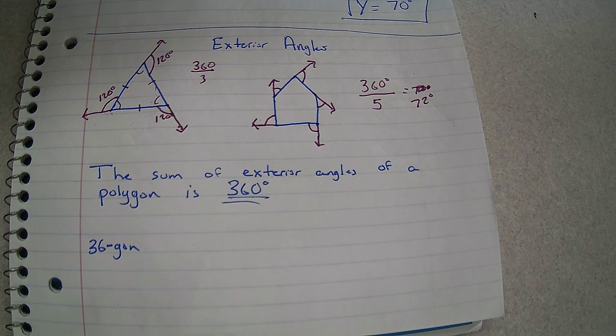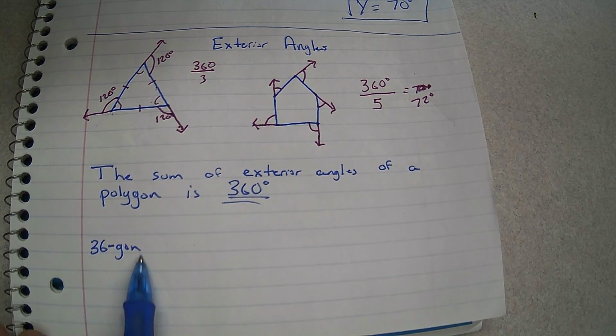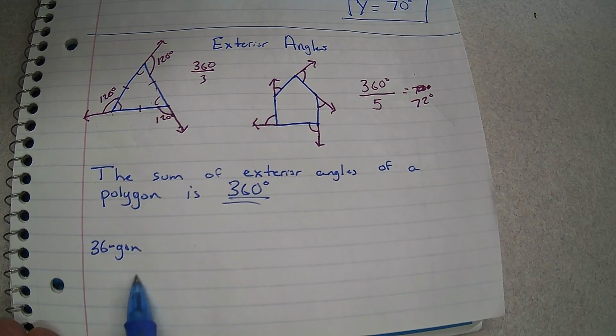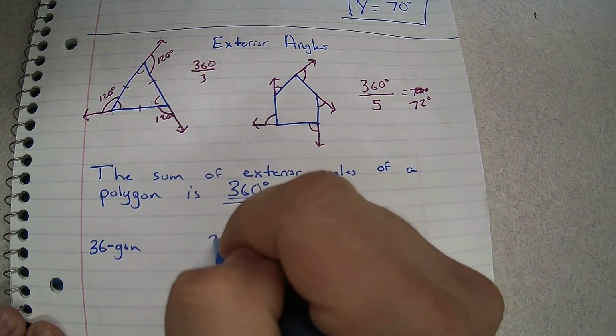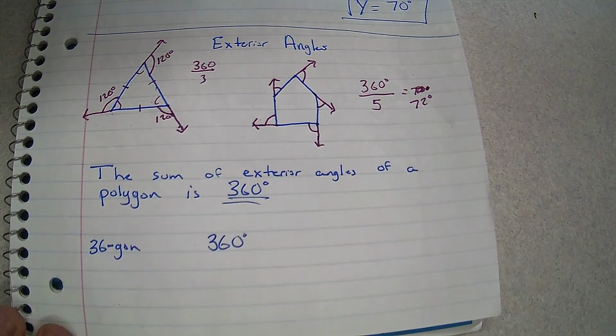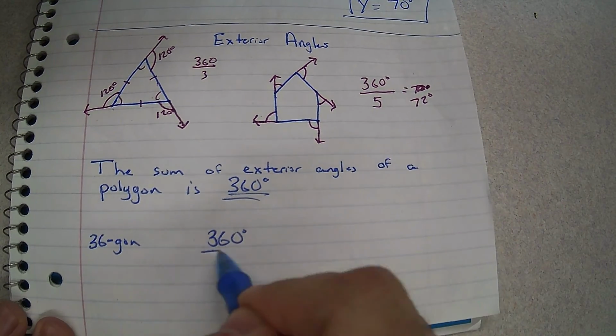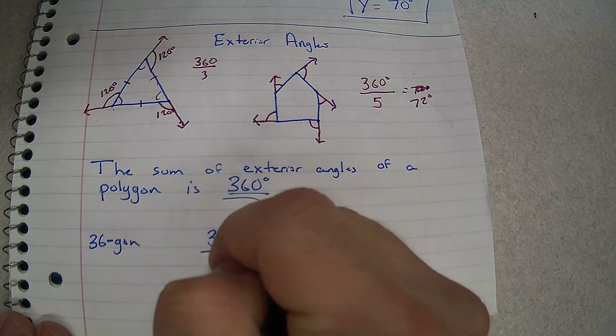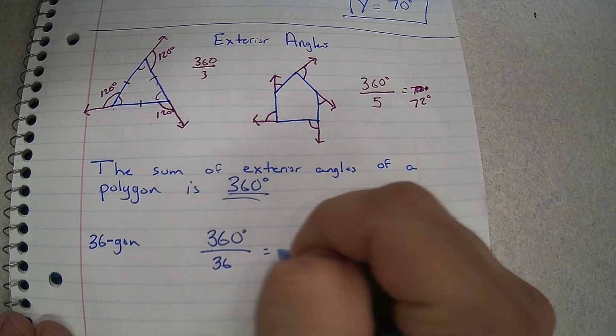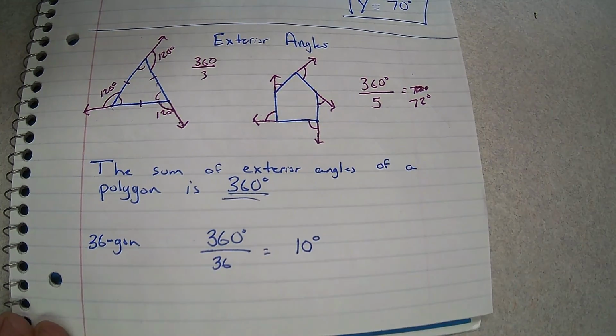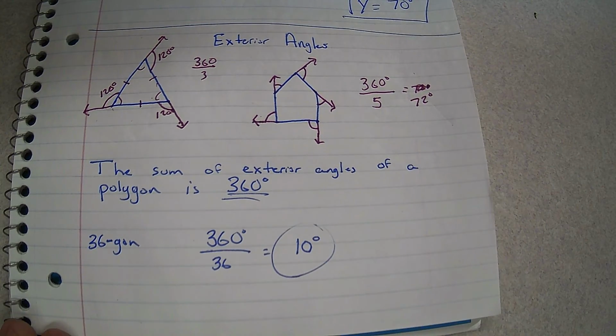And then after that, we're just going to start writing the numbers out. So if I want to find the measure of the exterior angles of a 36-gon, we know all those angles are going to add up to 360 degrees. We divide it by the number of sides, so 36. And so each of those would then be 10 degrees.